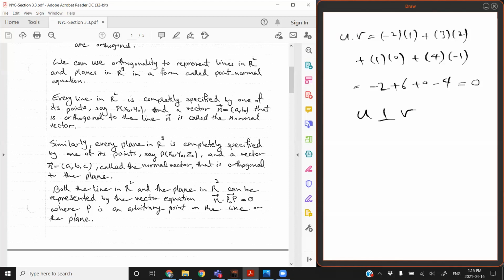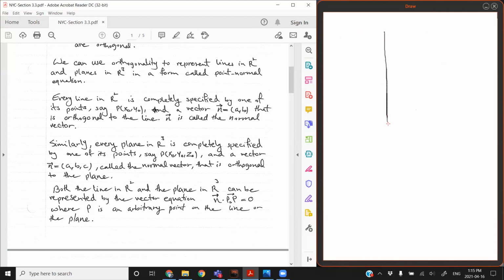Okay, so in R2, I want to argue that if you know one point, every line in R2 is completely specified by one of its points, say the point P0, (x0, y0). So let's call that P0.